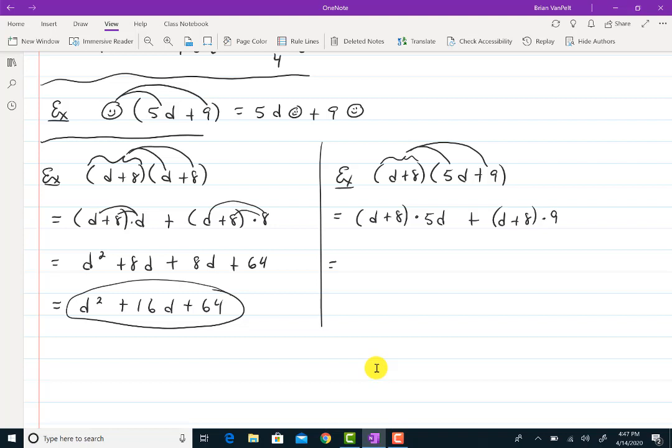Now I use the reverse distribution to get 5d squared plus 40d. And I'll do the same thing over here. I'll get plus 9d plus 72. And that equals 5d squared plus 49d plus 72.